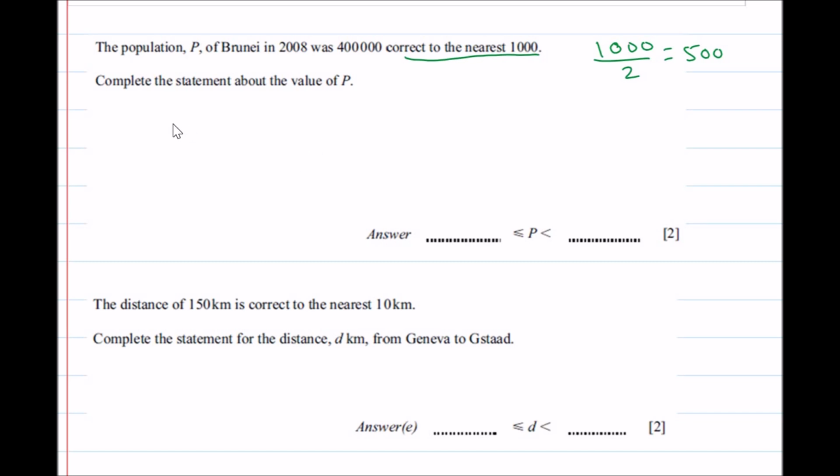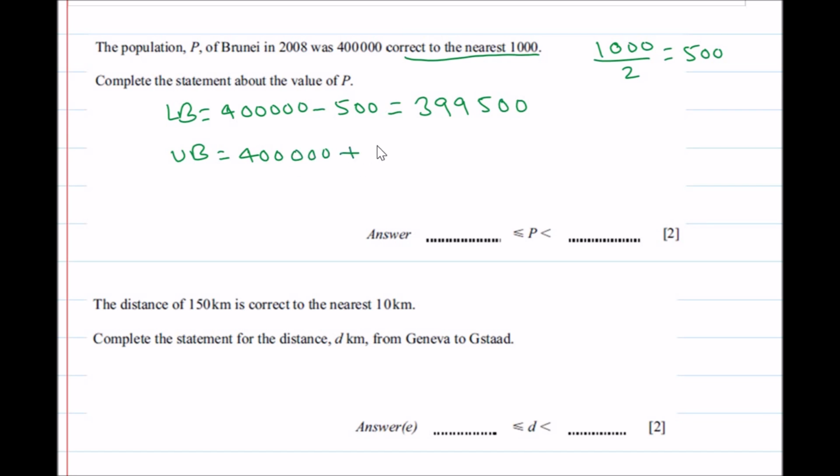Okay. So let us find the lower bound. Lower bound is equal to 400,000 minus 500, and that is equal to 399,500. Now to find the upper bound, we do 400,000 plus 500.